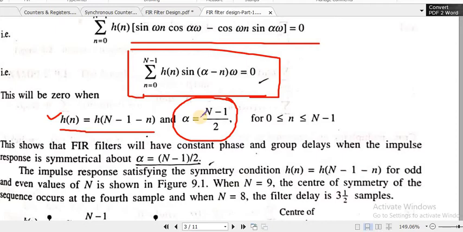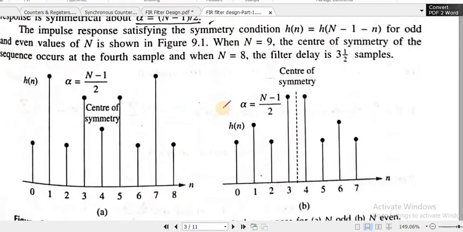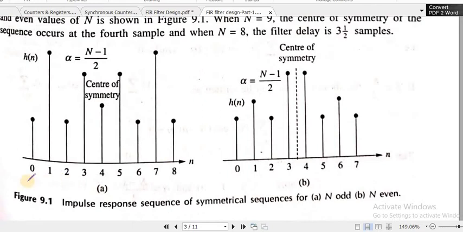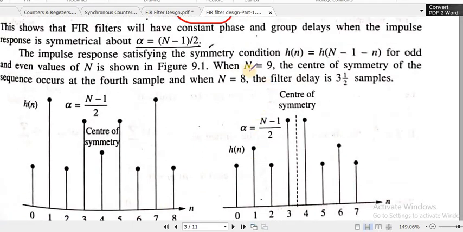Now, as I said, in FIR the impulse response is finite, so it will be from, suppose, 0 to N minus 1, or any finite response. So this finite impulse response, if I draw it here, suppose for N equal to 8, that is, capital N is basically 8. So what is that basically?